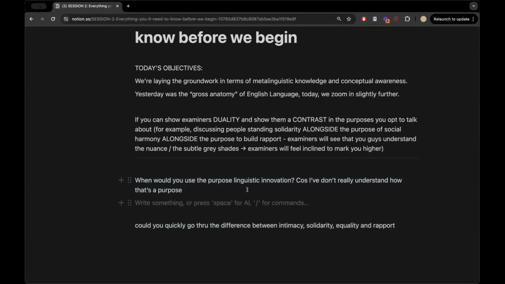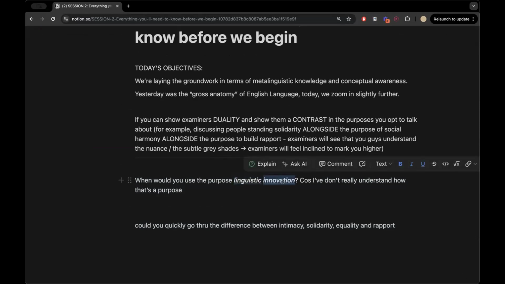So linguistic innovation, what does it actually mean? It means the purpose of creating neologisms, new words, words that are descriptivist in nature.